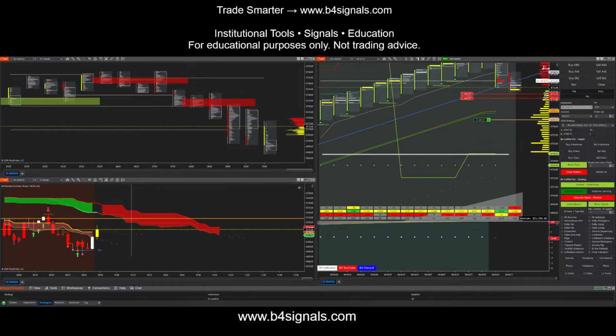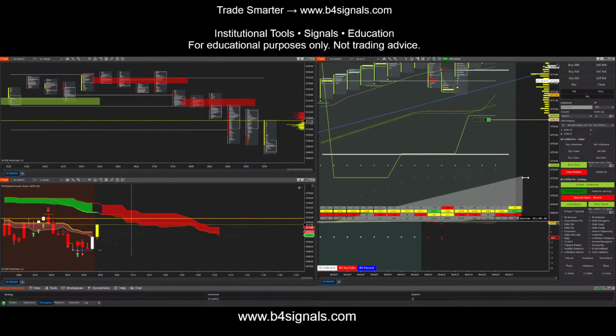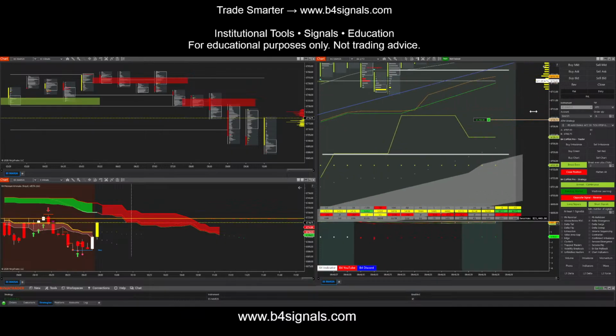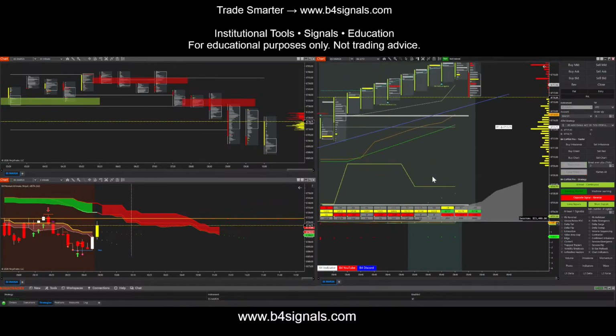Stop filled. And I'm not one to argue with the order flow. I have two main order flow signals that I love. Stop filled. And this chart is frozen up. I'll just let it sit there and settle.